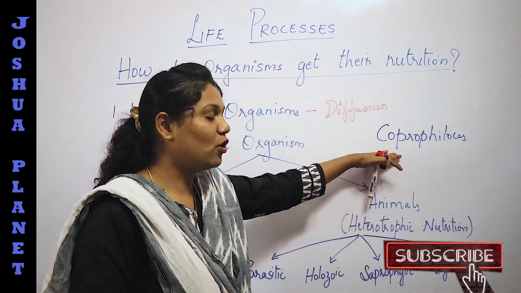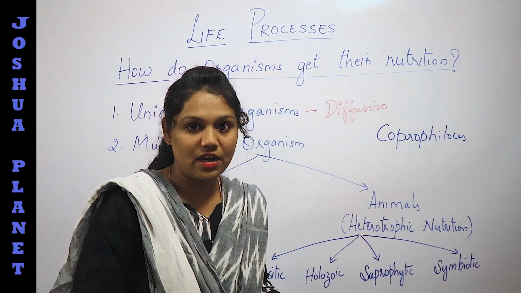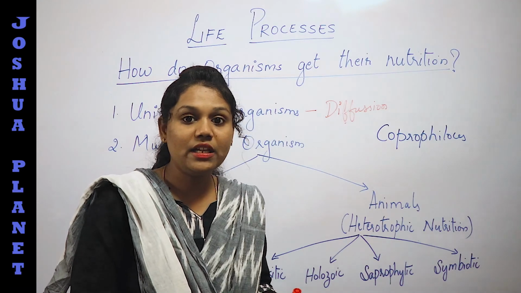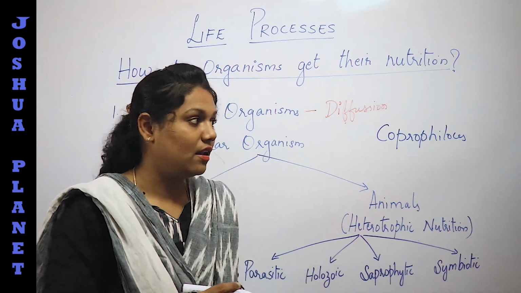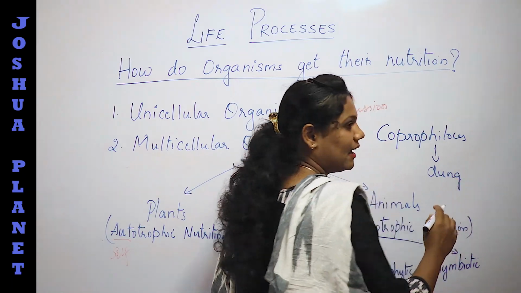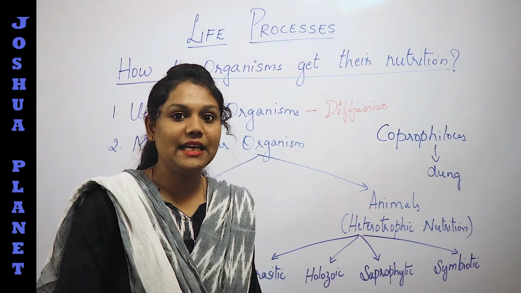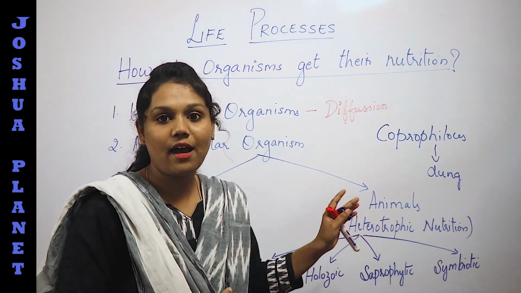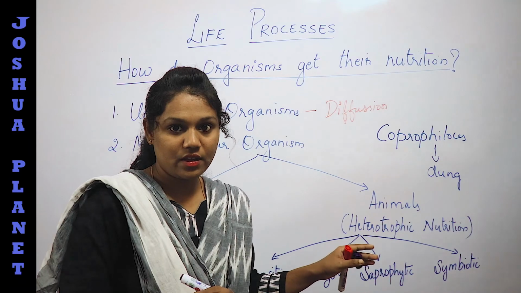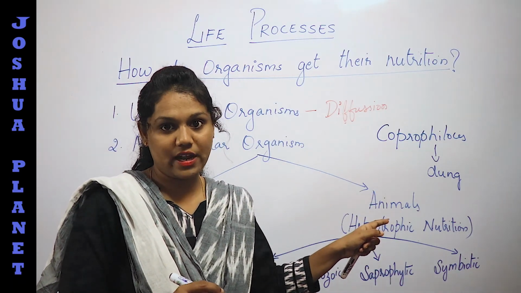Coprophilous nutrition is usually seen in a few fungi. These fungi depend on the dung of animals, like cow dung, pig dung, and all the excreta, human excreta. The organisms seen depending on these excreta or dung for food are basically called coprophilous organisms.